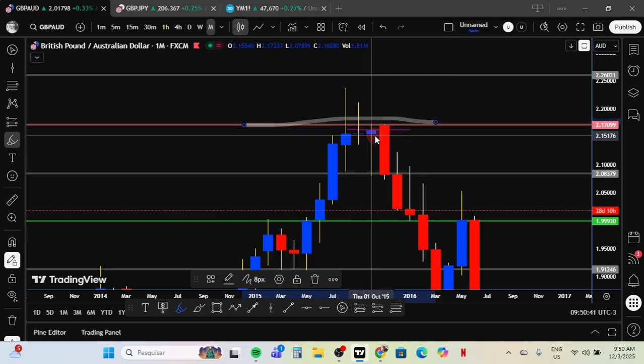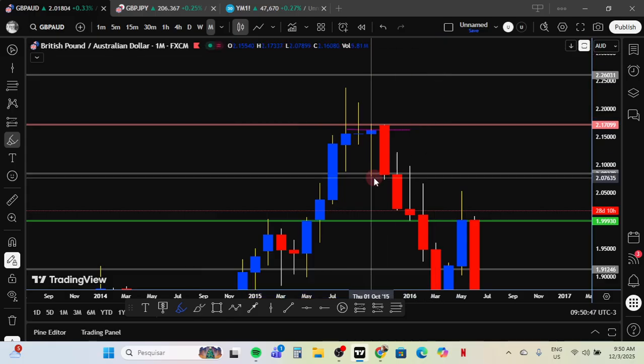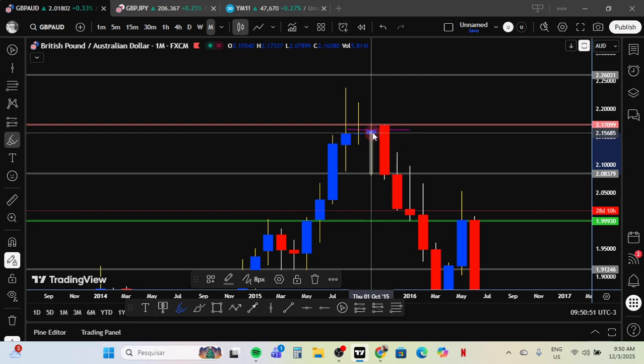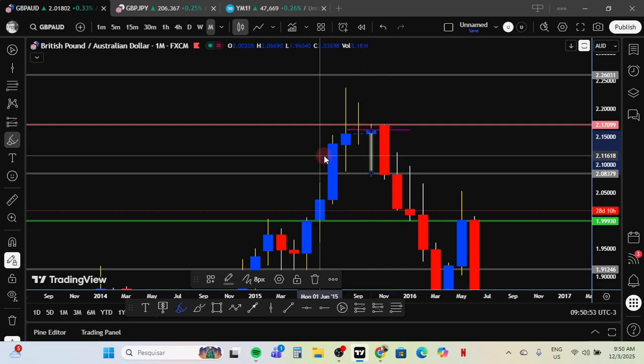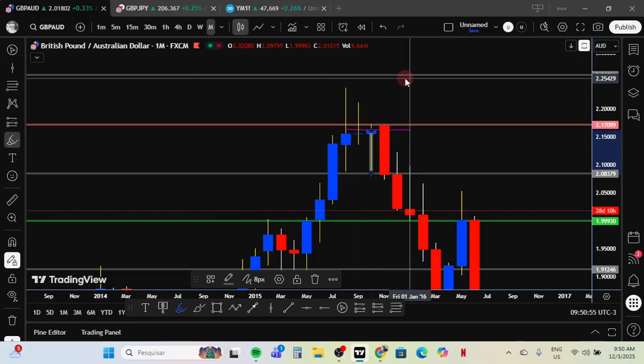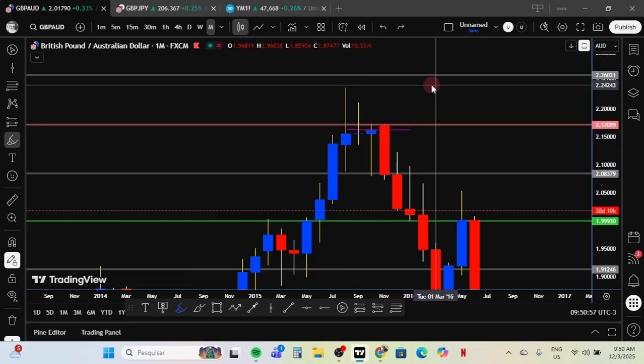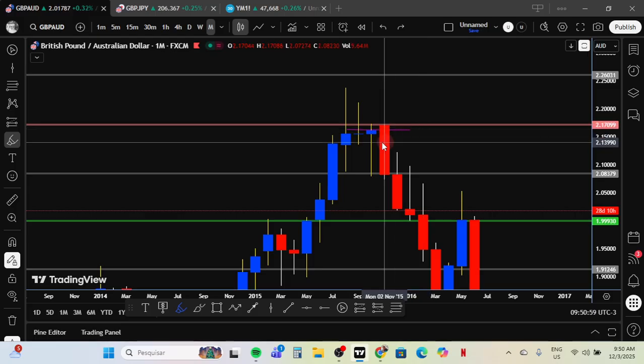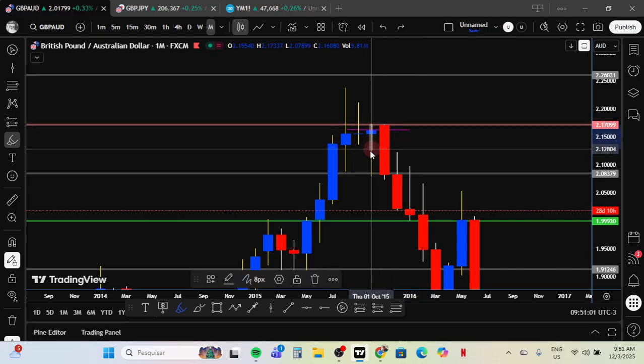And then on October 1st, 2015, what happened? The market created what I call a hanging man candlestick signal. Now, 1, we want to see the market make a new low compared to the doji low.